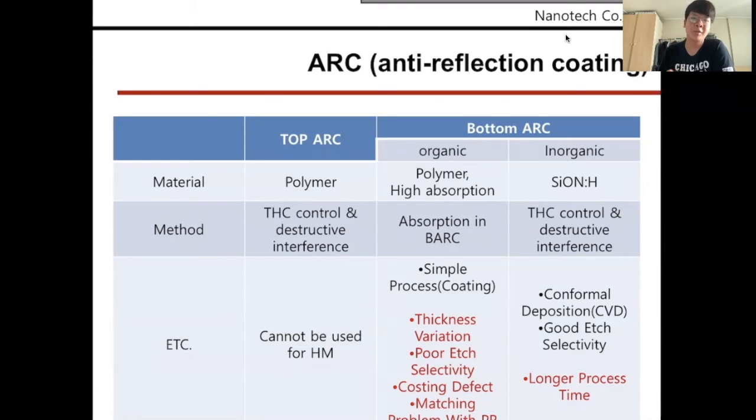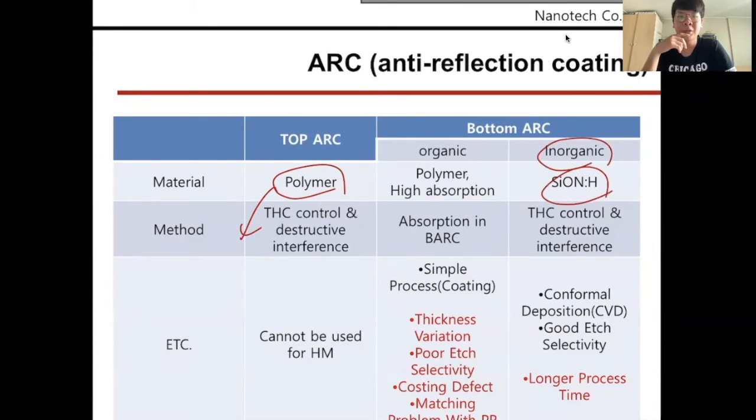The top ARC and bottom ARC can be made with polymers, but that has a defect because the photoresists are also polymers, so they can dissolve into each other, and it also cannot be used as a hard mask. Nowadays we use bottom ARC, or BARC, using inorganic materials like silicon oxynitride.